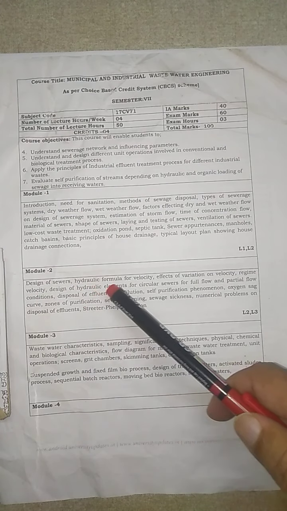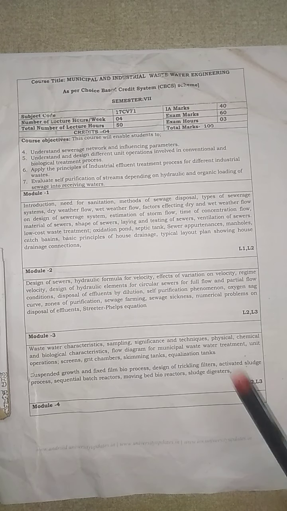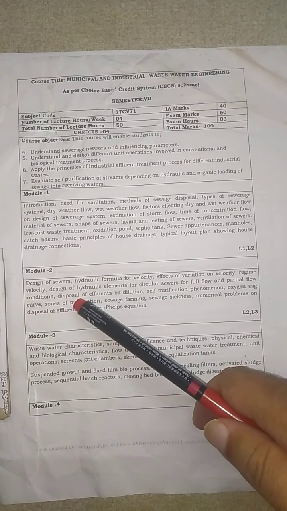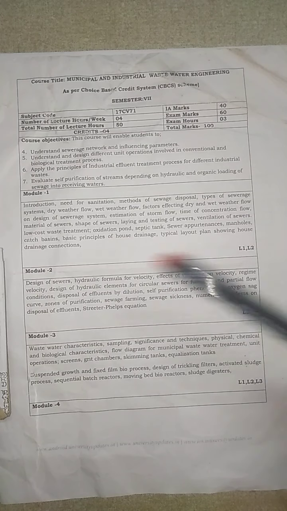Now the various hydraulic formulas used for the calculation of velocity we are going to study, then the effects of variation on velocity, then the design of hydraulic elements for a circular sewer flowing full, that is full flow, and partially full flow conditions. This is the first part of module 2.